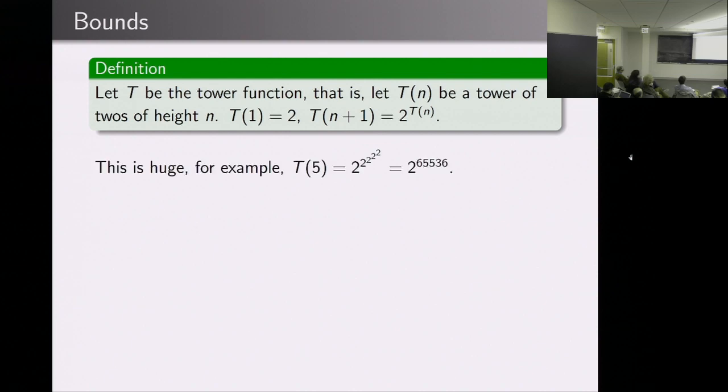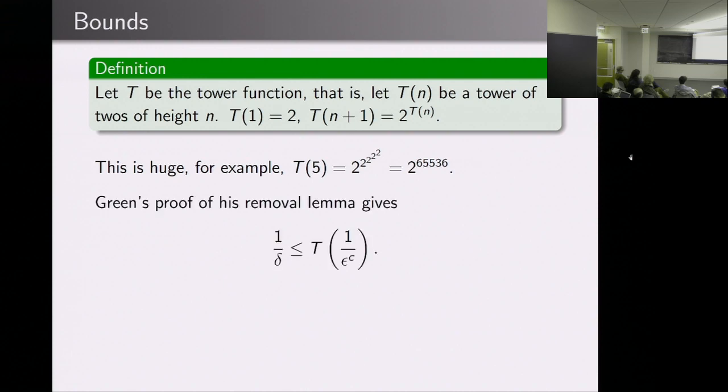If you've never seen this function, you should know that it blows up very, very quickly. If you just take t of 5, that's already 2 to the 65,000. And Green's proof of his removal lemma gives a bound on 1 over delta that's a tower of 2's of height polynomial, a power of 1 over epsilon.